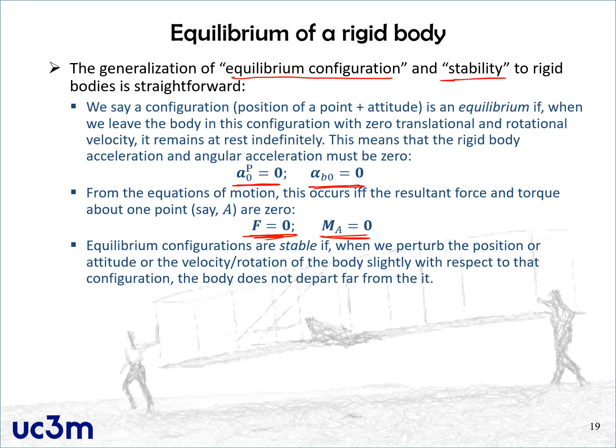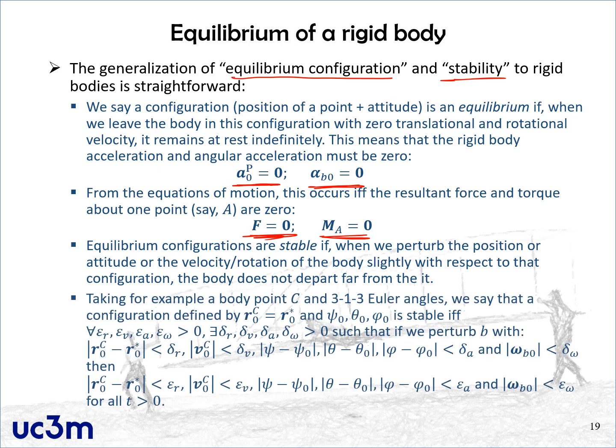It will basically oscillate about it or return asymptotically to it. When that happens, we say that the position and attitude, in other words, the configuration of equilibrium, are stable. In any other situation, of course, we say that it is unstable.